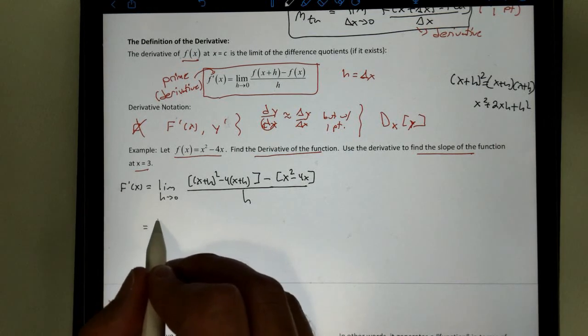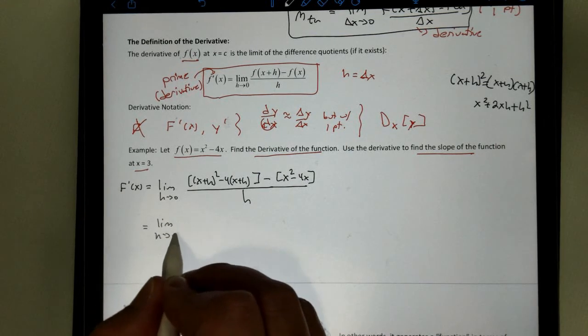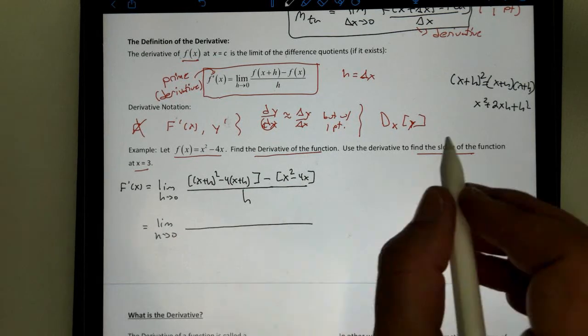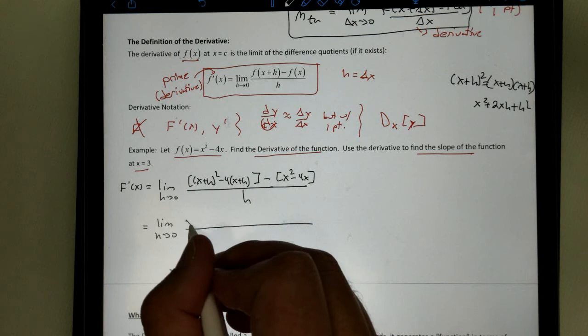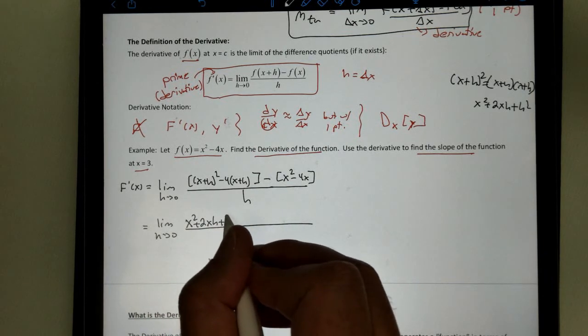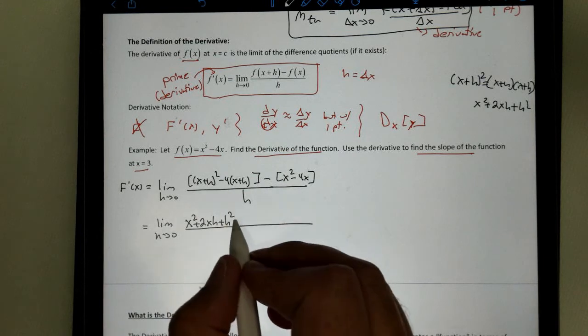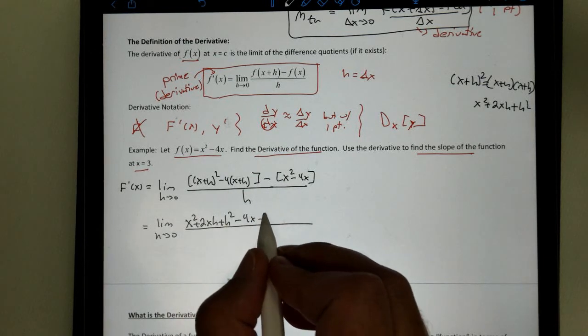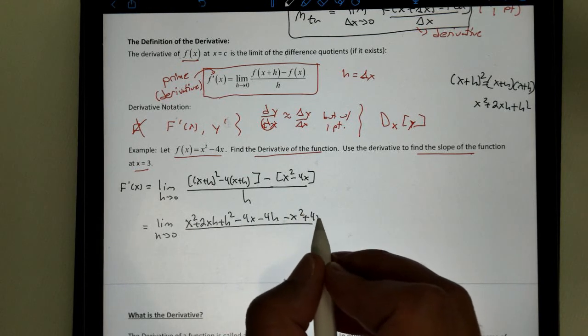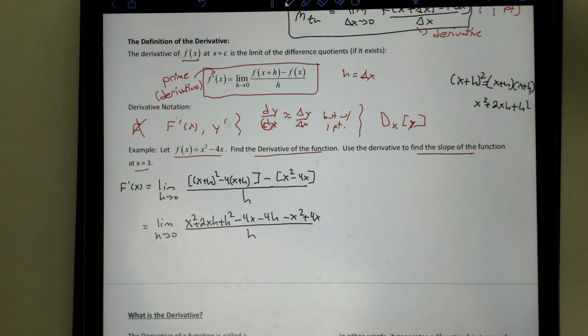So I can rewrite this, the limit as h goes to 0, don't forget your limits. This x plus h squared becomes x squared plus 2xh plus h squared minus 4x minus 4h minus x squared plus 4x all over h.